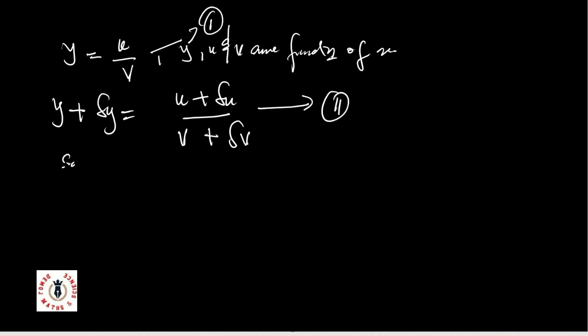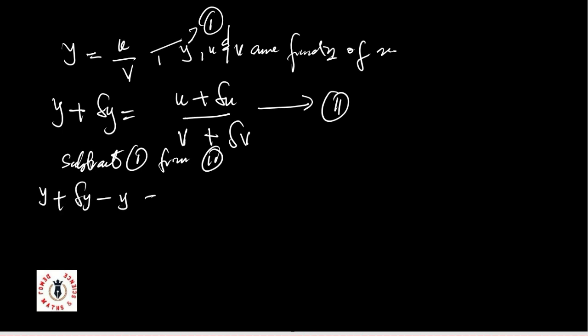Now the next thing is to subtract, from what we saw when we were dealing with differentiation from first principle. Next thing is to subtract equation 1 from equation 2. So that this becomes y plus change in y minus y equals u plus change in u over v plus change in v minus u over v.